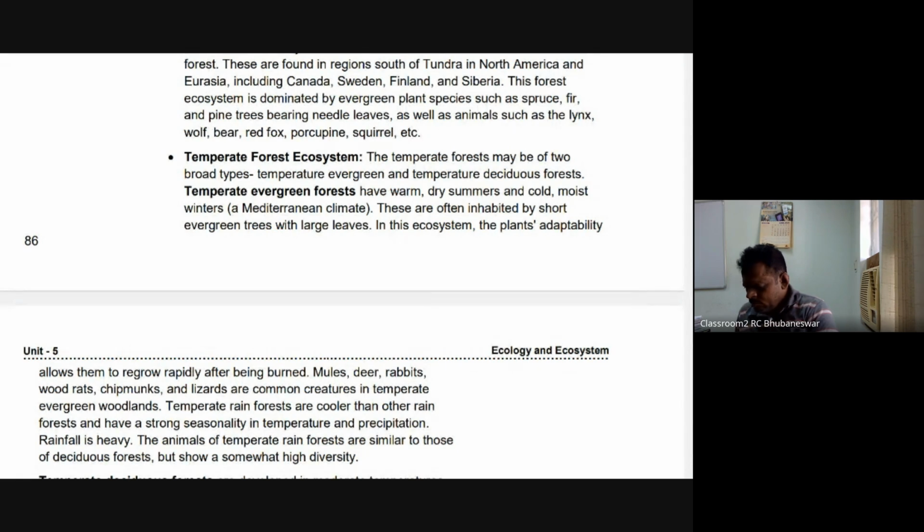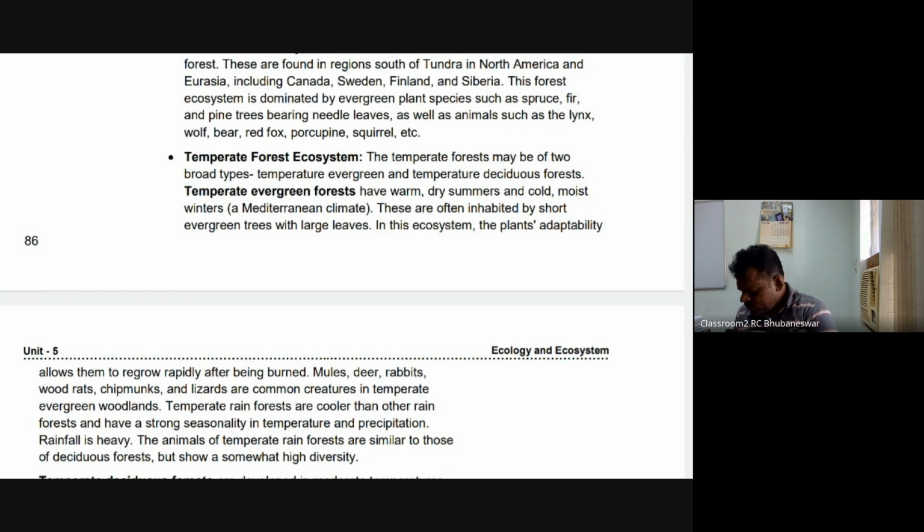Here in temperate evergreen forests, there are variations in climatic conditions and temperature. They have warm and dry summers and cold and moist winters. Just think about the Mediterranean climate, which is a very dynamic climate.